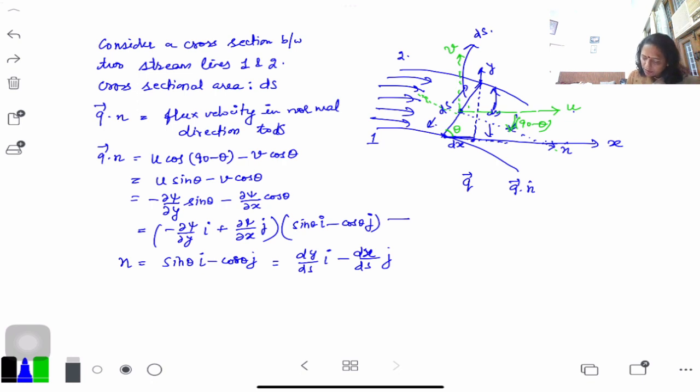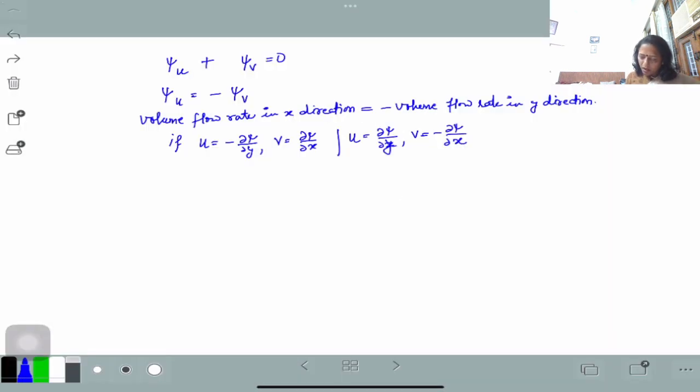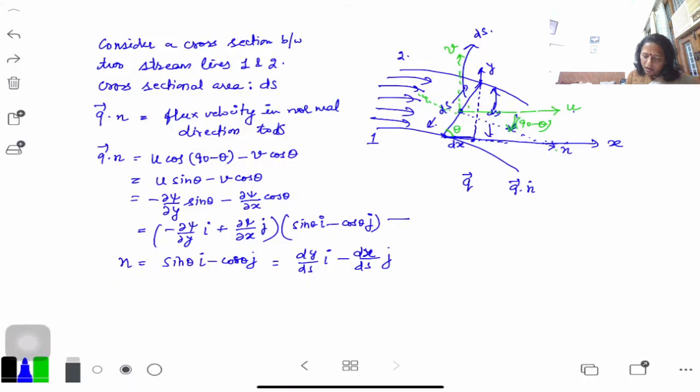So using this, I will get q dot n is equal to minus delta psi delta y dy/ds minus delta psi delta x dx/ds. Okay.